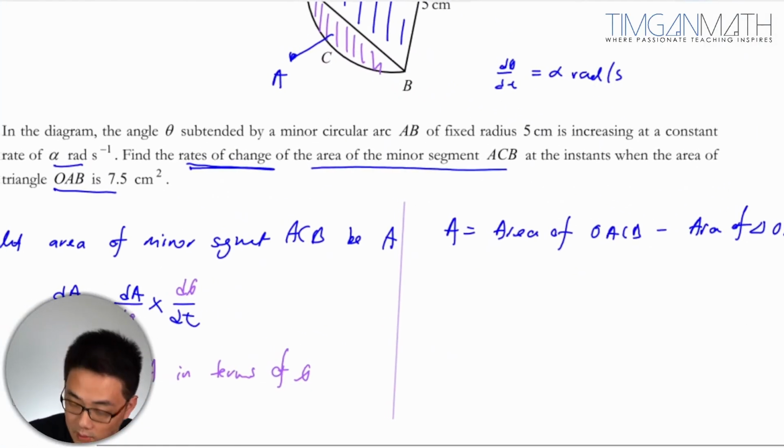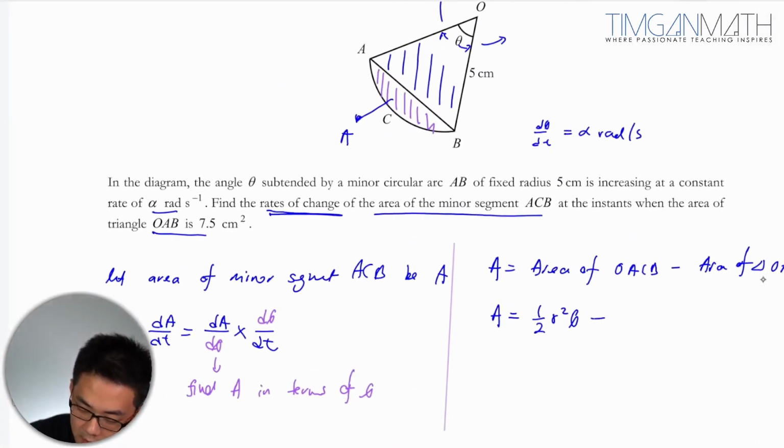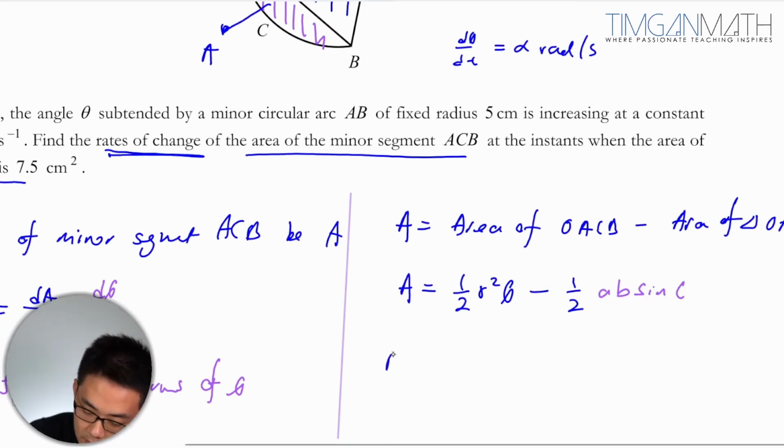So the sector area is half r squared theta, minus the triangle area, which is half AB sine C, so half times 5 times 5 sine theta.